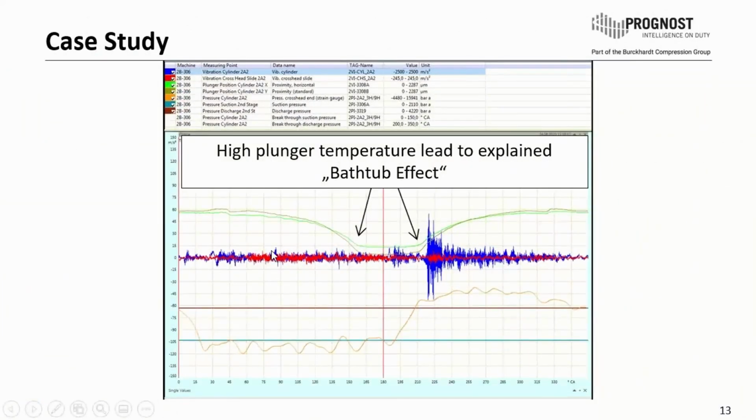At the time the event occurs, we have high temperature, and this high temperature leads to the typical bath tube effect you see here. This brown and green, which we saw before in the slides, occurs because the temperature of the plunger was high.